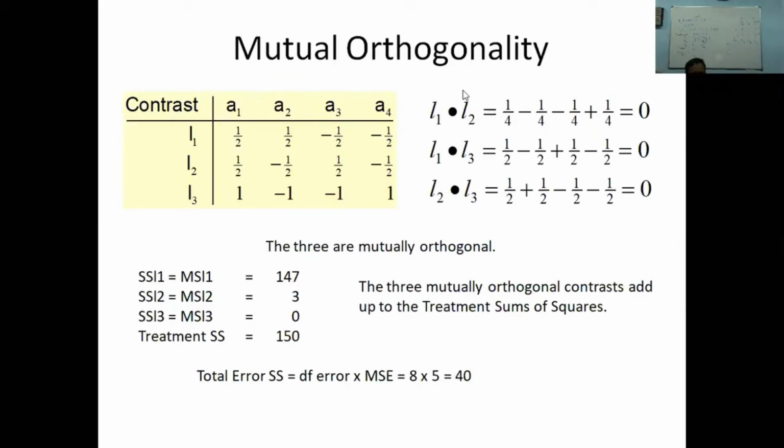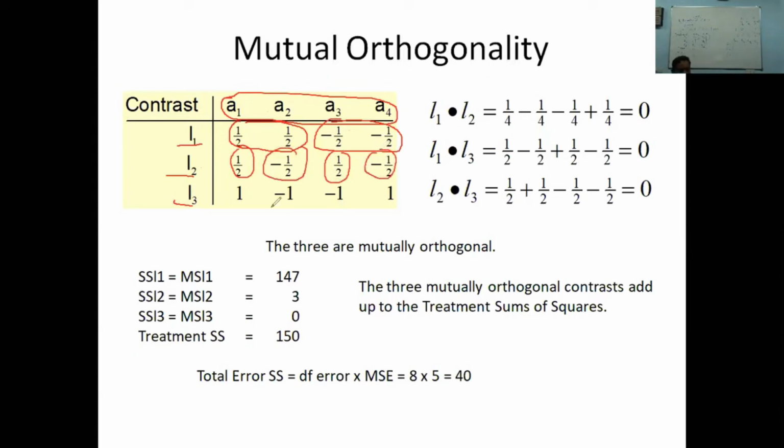This is another example. This is what I said already. I have 4 treatments, A1, A2, A3, A4. Now I have the first contrast, second contrast, third contrast. Here I am comparing A1 plus A2 versus A3, A4. So this is how we write half, half, minus half, minus half. Then here what I compare is A1 plus A3 versus A2 plus A4.